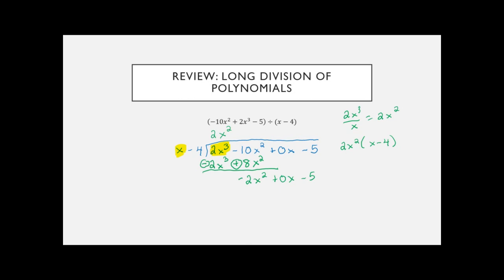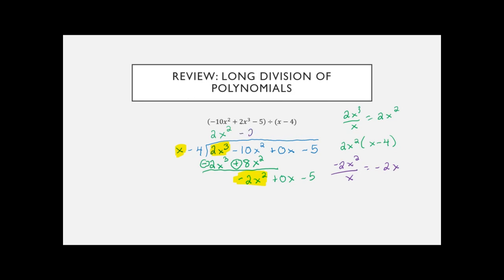And then you repeat the process. This time you do it with the negative 2x squared. You take that first term, negative 2x squared, and divide it by x, which gives me negative 2x.